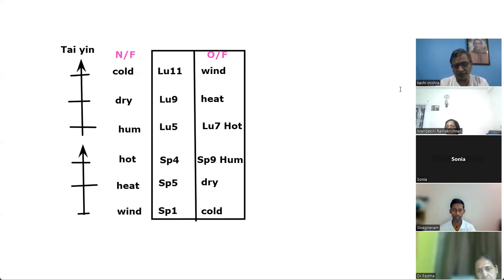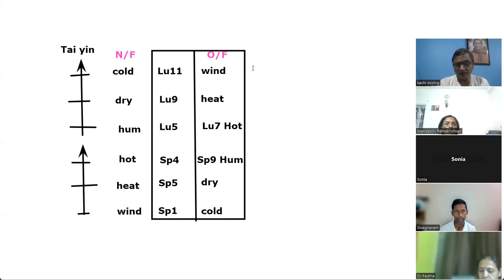In the yang meridian, yang Ming, suppose. In yang Ming, there are two meridians. Which meridians are there? Large intestine and stomach. Normally it is supposed to bring the chi from top to bottom. So normal flow is top to bottom, that means from large intestine to stomach.